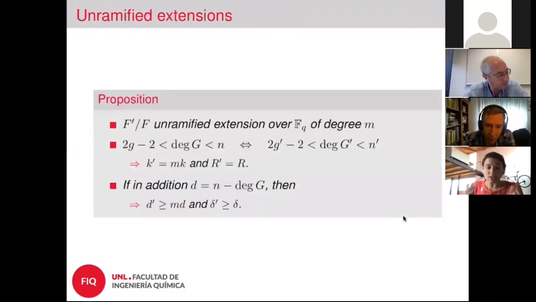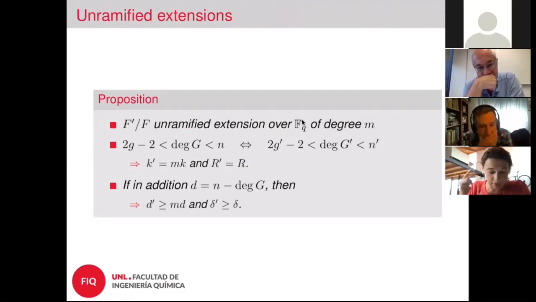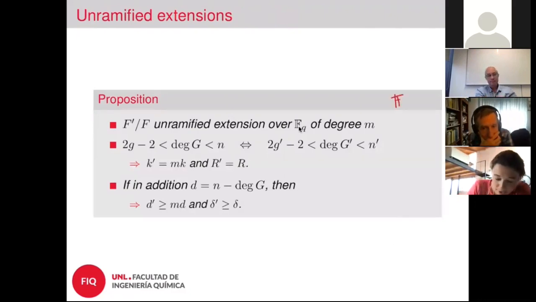So in the case of unramified extension, where no ramification happens at all, in this result we are considering function fields over the same finite field F_q. So here we have that F prime is an extension of a function field F.